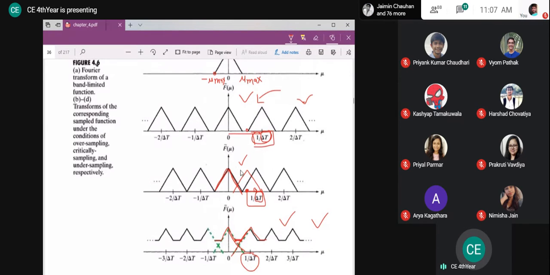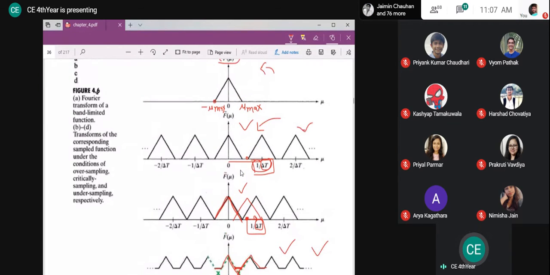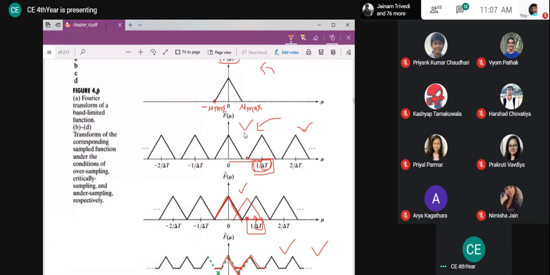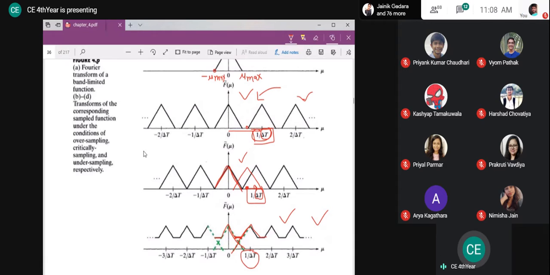So suppose now I want to revert back. What I am talking about is, see, this is my first triangle.